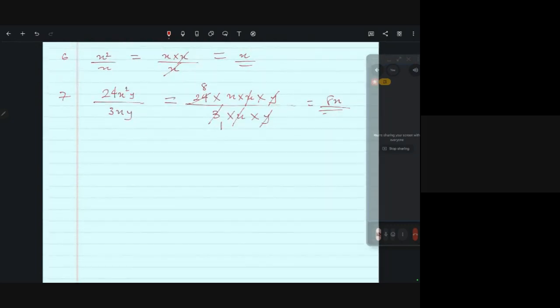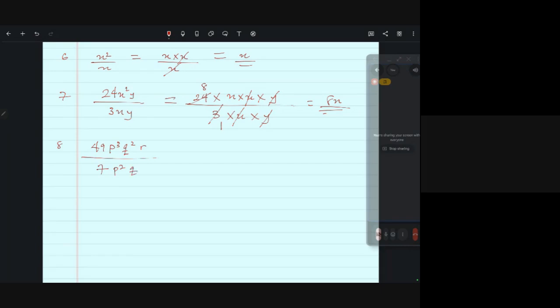Now let's look at a more advanced and complementary question. Let's say I have 49p cubed q squared r over 7p squared q.